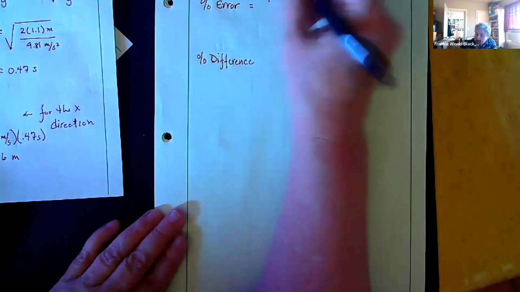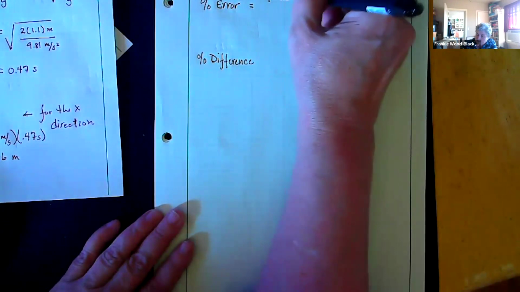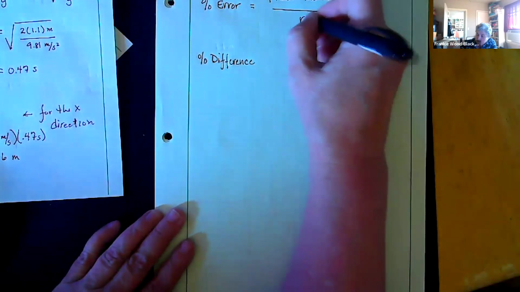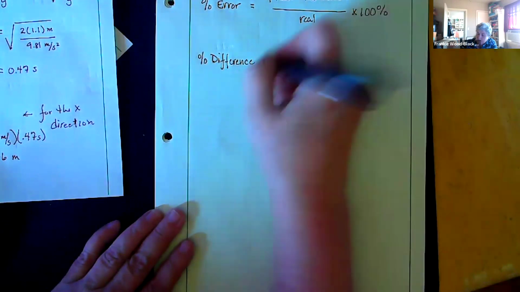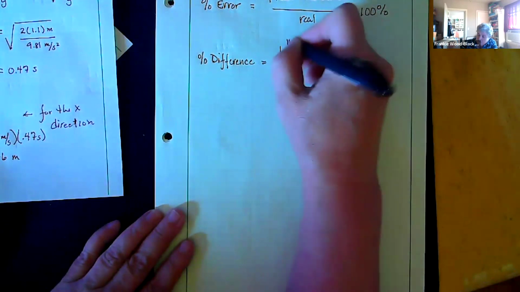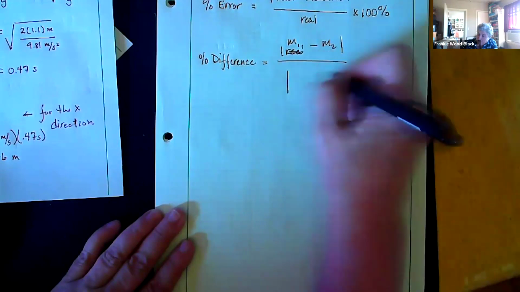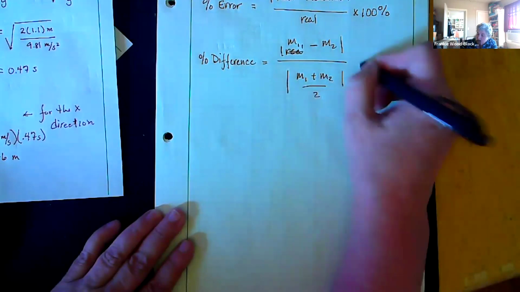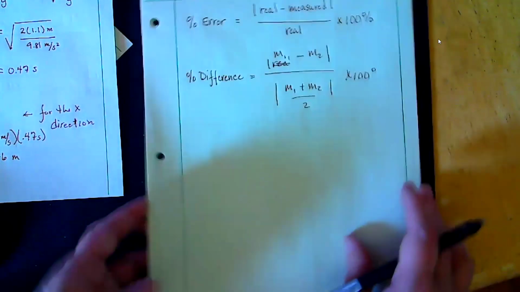Percent error is the absolute value of the real minus measured divided by real times 100%. Percent difference is measurement 1 minus measurement 2 divided by the average of the two measurements times 100%.